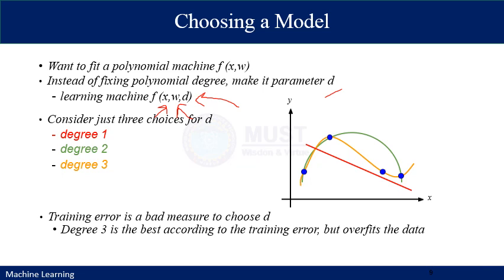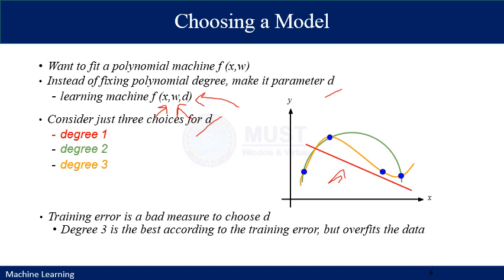Let's say for this case we picked three models, depending upon the degree of the polynomial. In the first case we chose degree 1. That means it will be a linear model, represented by the red line here. As you can see, there are many errors, because this trained model does not fit the training examples.